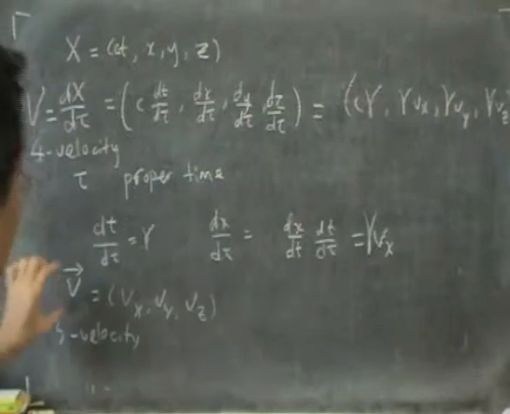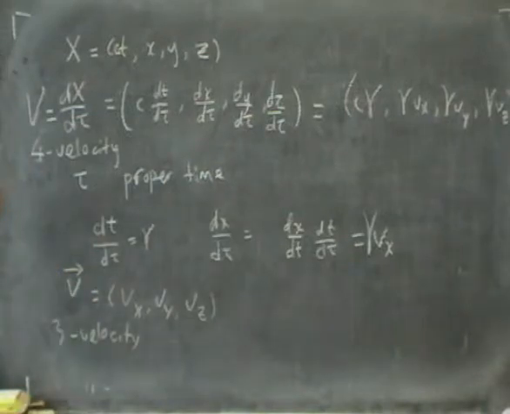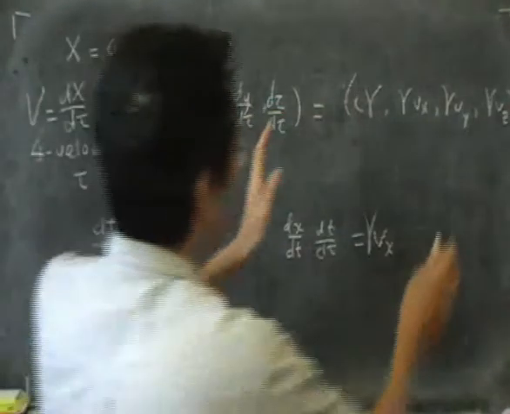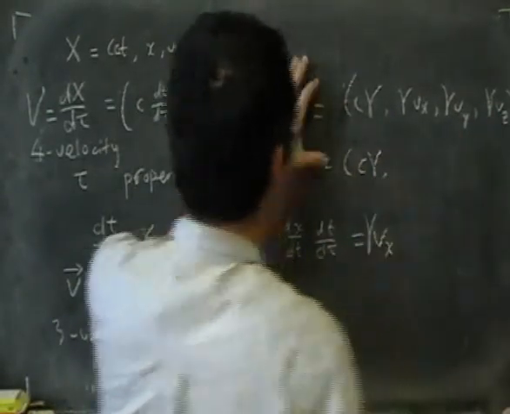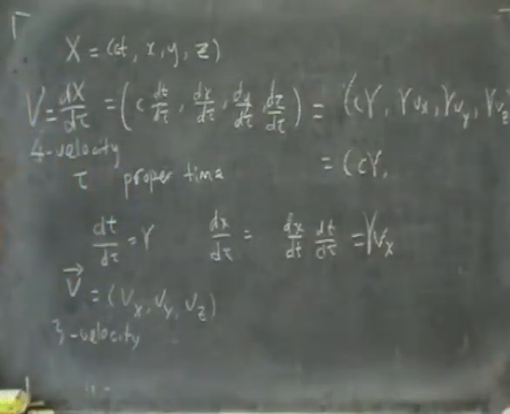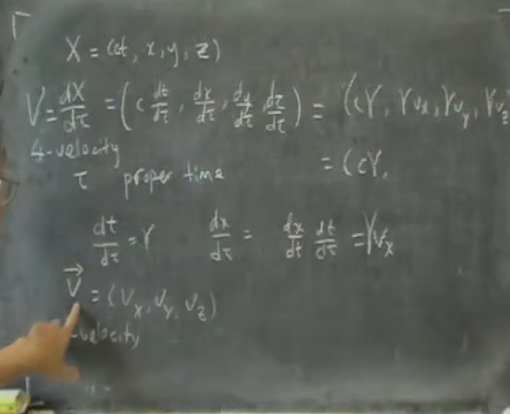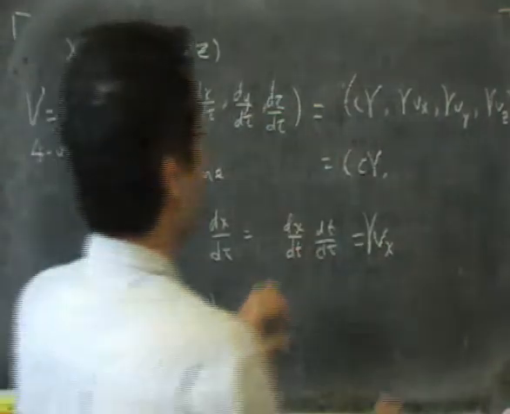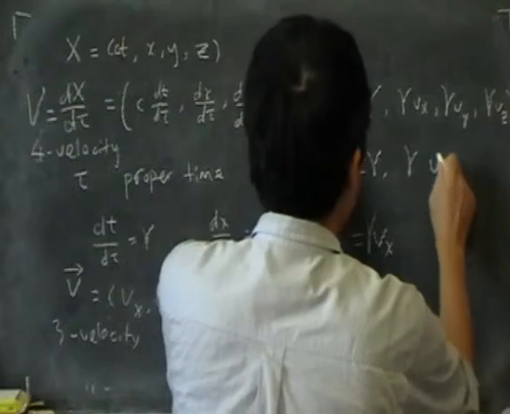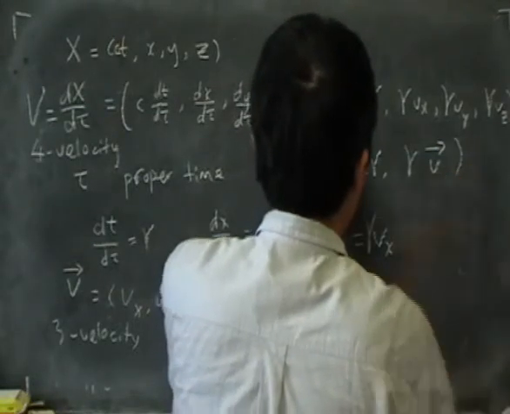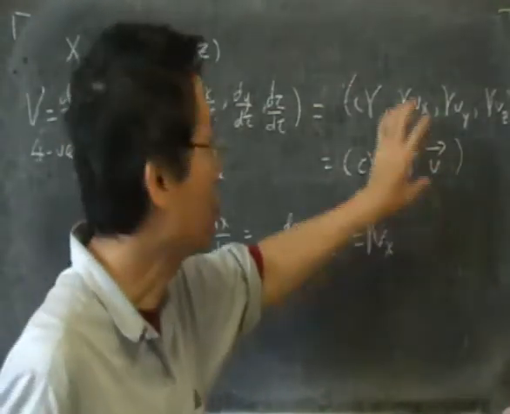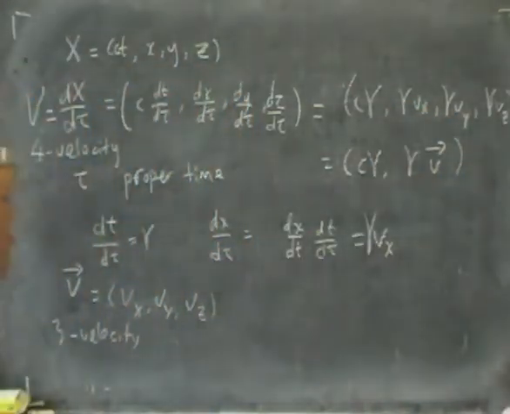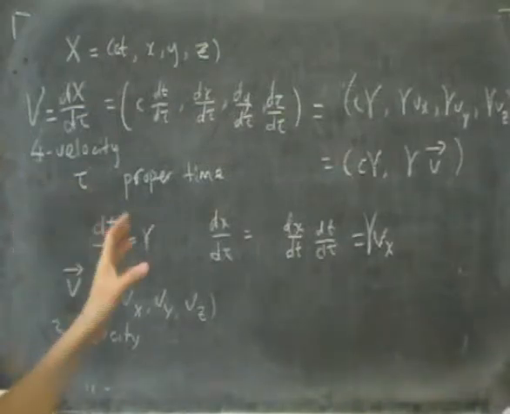Now in terms of this more familiar notation, I could write this as c gamma for the time component, or time-like component, and then I have this V, which is gamma multiplied by each of these. So I could write this as gamma times V, the 3 vector V. So that makes things simpler, rather than having to write out all 3 components. So that's the 4 velocity.